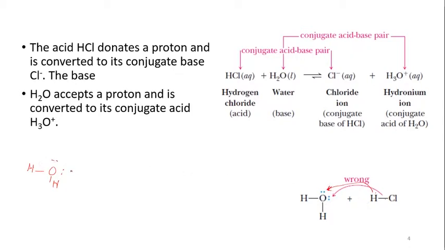If I draw the water here, I have 1, 2, 3, 4, 5, 6, 7, 8, so 8 electrons around the water. For HCl, I have the H and Cl, with 6 non-bonding electrons around the Cl, and in that case, one lone pair will move to that bond.